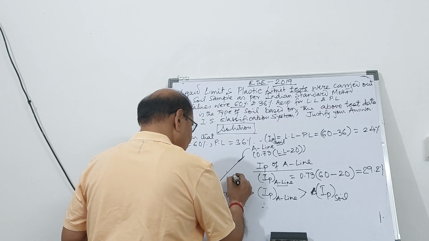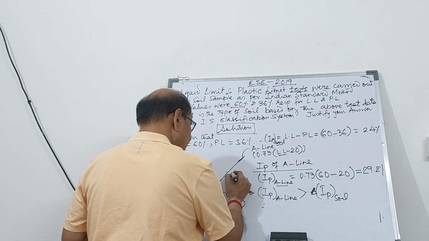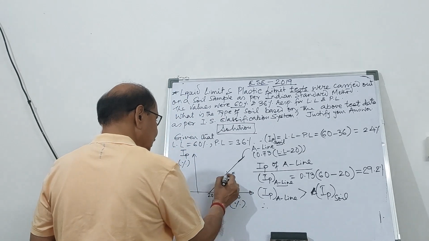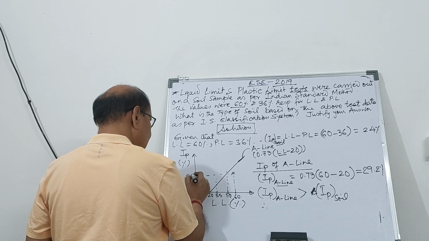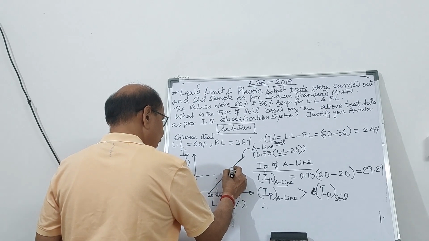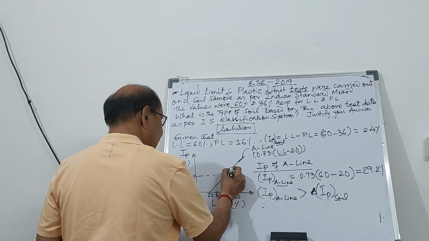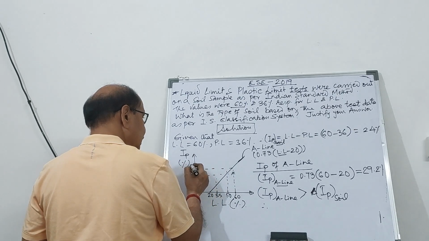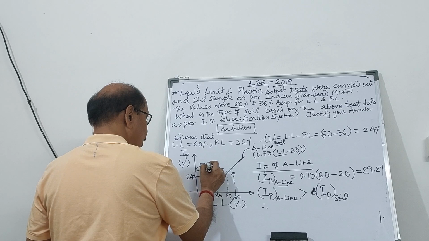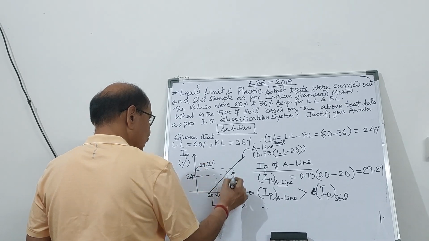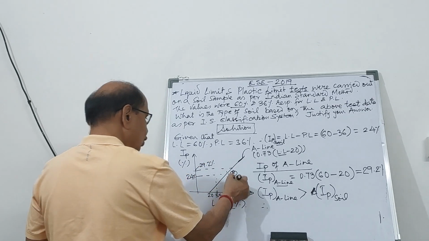So IP is going to be 24%, and IP of the A line at 60% is 29.2%. So your point is here below the A line.